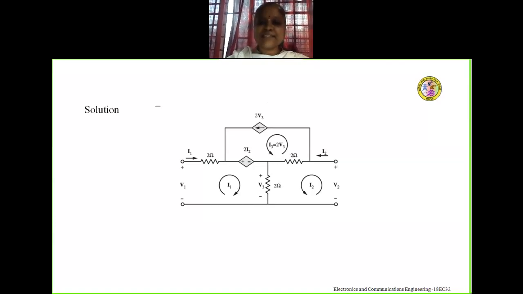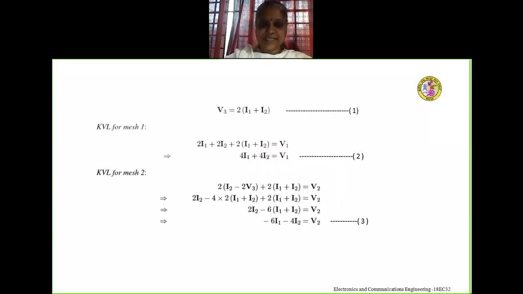Loop 3 contains the current source, that is 2 times V3, so I3 becomes 2V3.